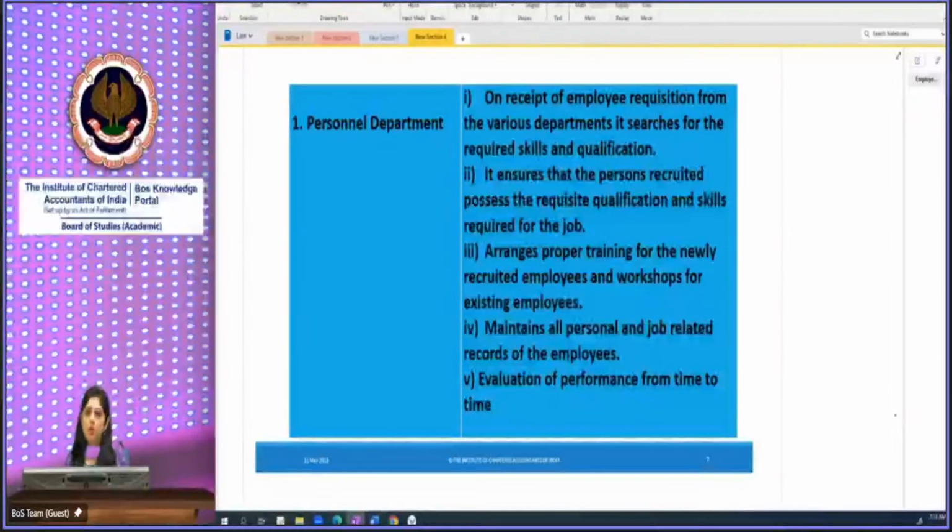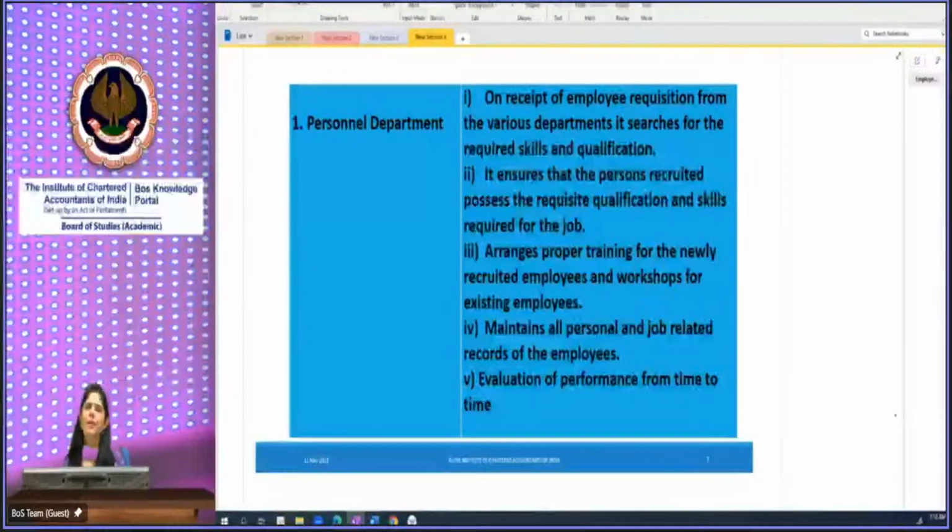All right. So according to those specifications, the HR department gives advertisement in the newspaper. Okay, we want this employee, we want a supervisor, we want a foreman, we want a store manager. So requisition means request comes from any department that there is no storekeeper, so please recruit or appoint a storekeeper.